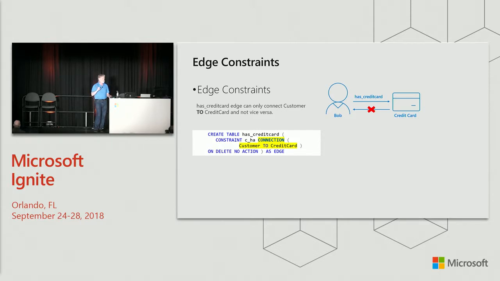Right now, that's the only action that we support. You can expect that there will be other actions coming in the future that make sense, something like Cascade perhaps. So now you're enforcing the semantics, so you can't use has credit card to link Bob and his car.